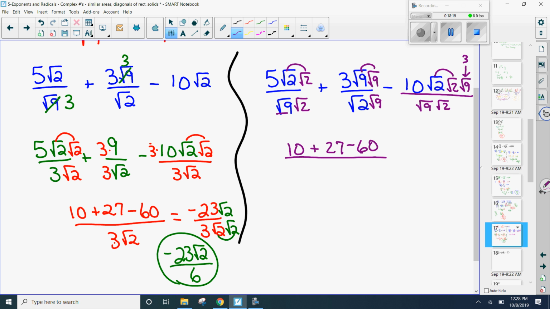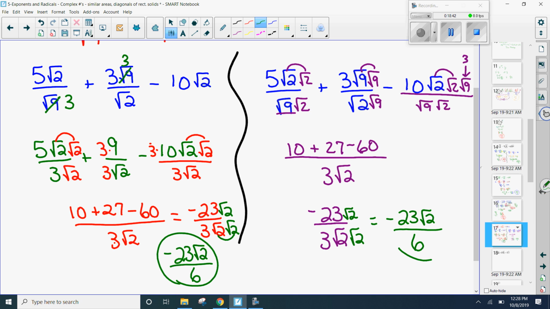Over the square root of 9, which is 3 radical 2. Now you go through and you're going to get negative 23 over 3 radical 2. You rationalize the denominator. And you get back to negative 23 radical 2 over 6. What's your answer?